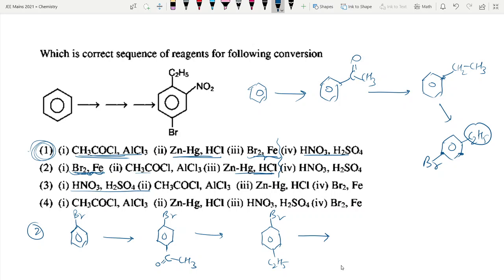Introducing HNO3 early is not a very good idea, but anyways, let's see if there is some clarity about the position, then it might be considered. NO2, and then at the meta you will get this COCH3 and then Clemmensen reduction. So we need to have this at ortho, right? So this is not the answer. Fourth one, you're doing this thing first and then nitration.